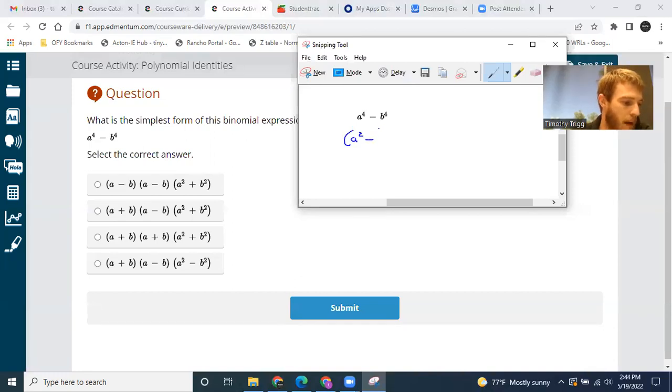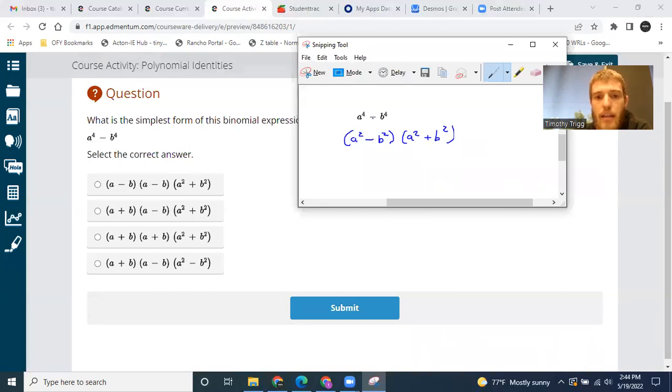It doesn't really matter. And then the square root of this one is b squared. Okay. Then we do one with a plus. So a squared plus b squared. Now you could always double check. If you multiply this back out, you should get back to where you started. So that's one way you could always check to make sure you're doing it correctly.